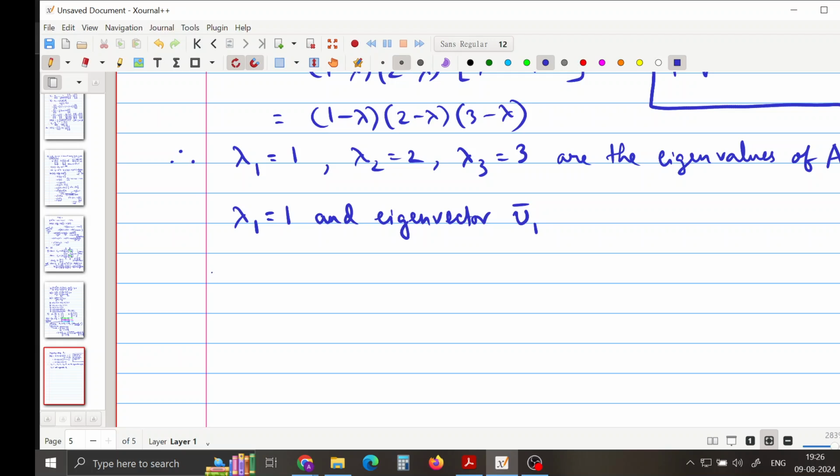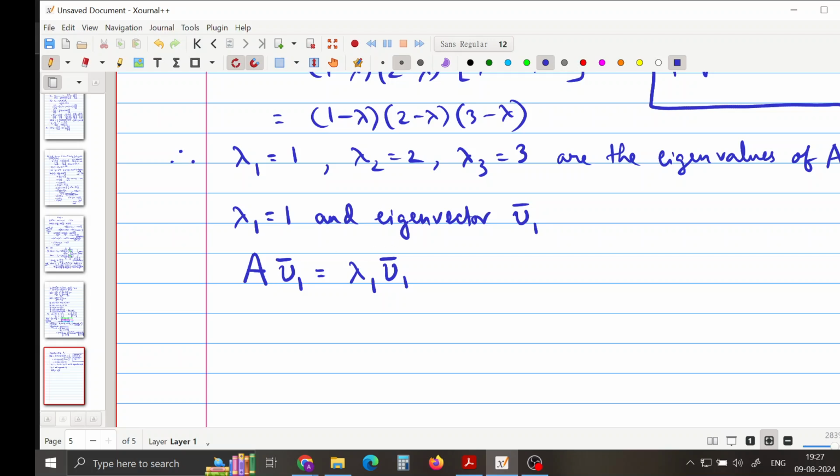So basically, there is an eigenvalue equation which is of this form. The matrix here is A. A times the eigenvector v1 is equal to its eigenvalue lambda 1 times the same eigenvector. This is the eigenvalue equation.